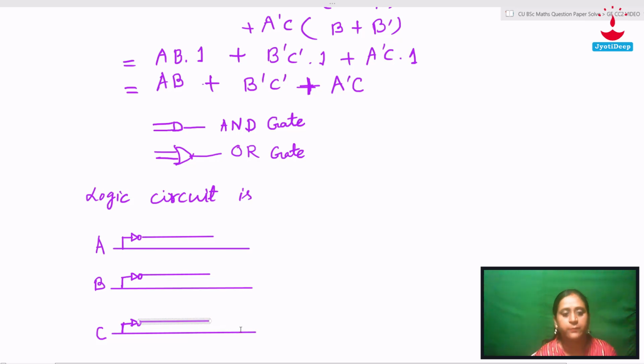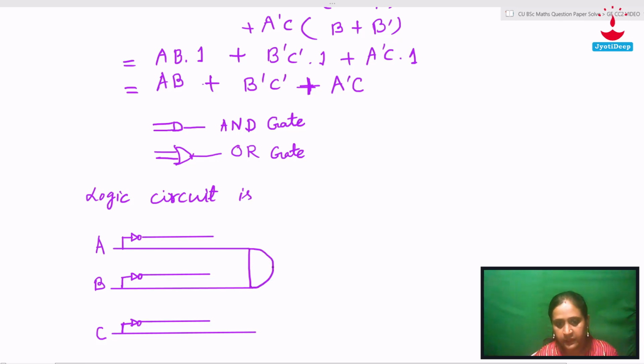So these are the lines A, B, C, and these are A not, B not, C not. Now we can draw easily. We have to take AB, so I am going to add these two lines. These are AB.